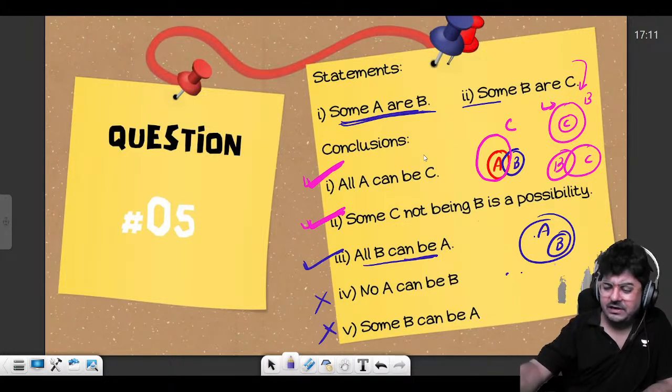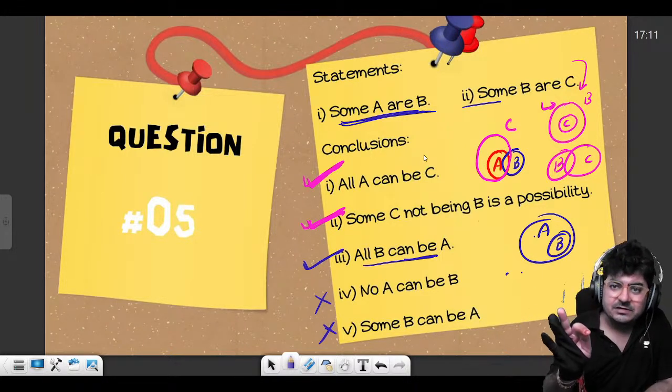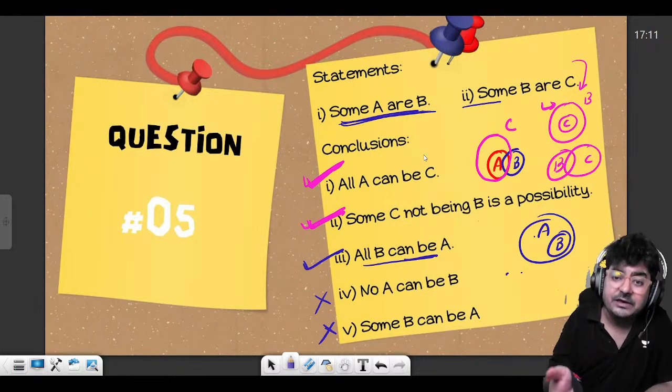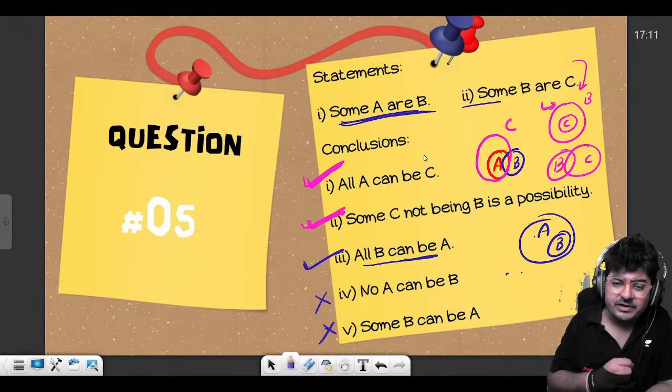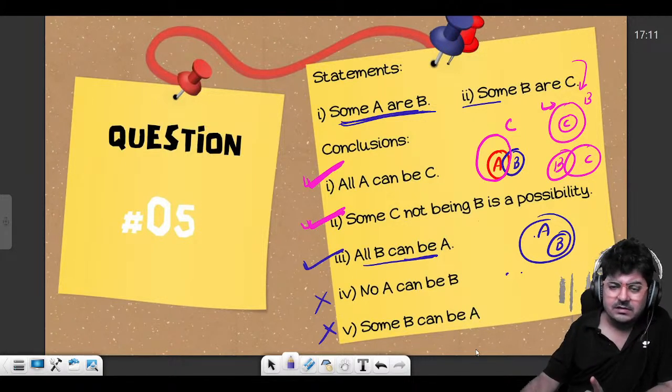Some A are B, obviously some B are A. It is a fact, but they are saying can be, a possibility. So fourth and fifth are incorrect. First, second, and third are correct.